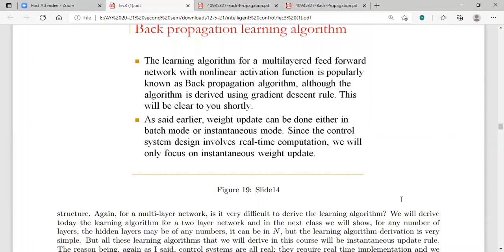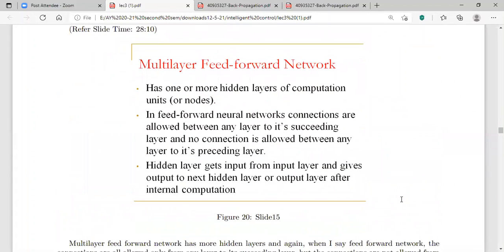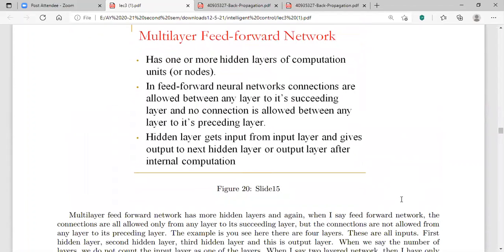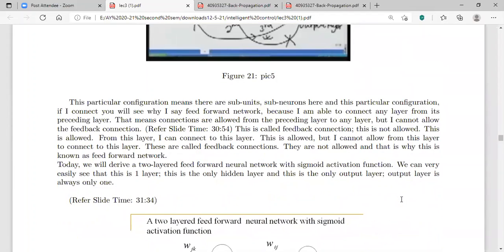Okay, and the weight update can be done either in your batch mode or instantaneous mode. We usually prefer to go for instantaneous update rule.